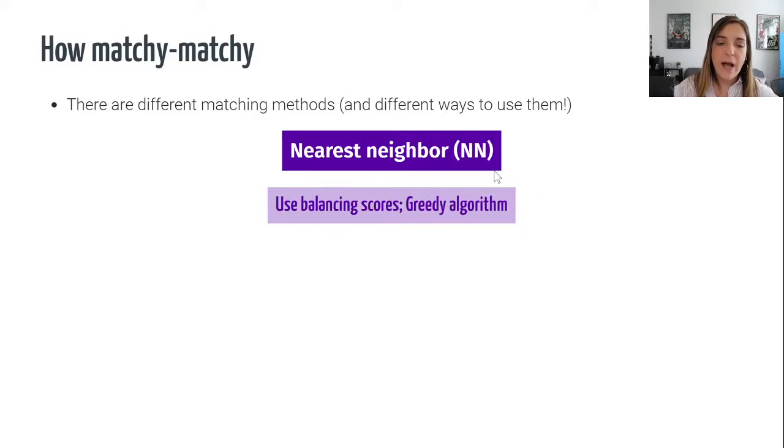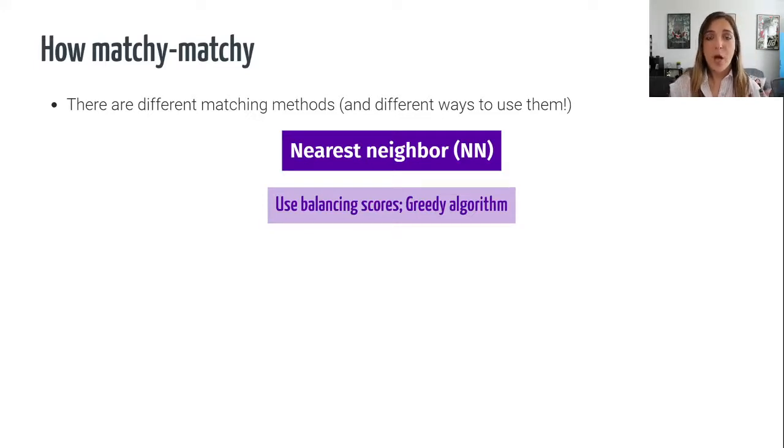But because this is a greedy algorithm, it's not globally optimized. In that sense, what it means is that because it only optimizes locally in the sense that it goes to the first one and finds the closest match, then moves to the second one and finds the closest match, that means that if you shuffle your data differently, you might get a different result. Okay?